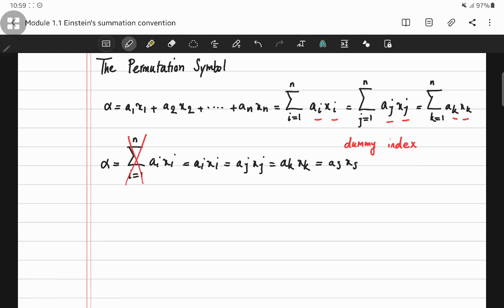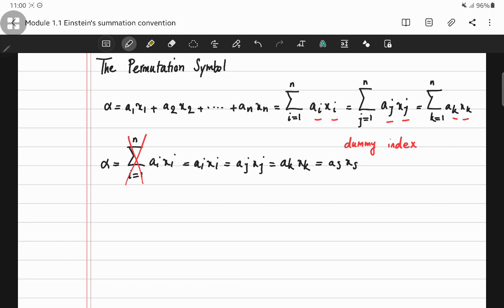And this kind of shorthand of writing is first attributed to Einstein, and Einstein developed this during his work on quantum mechanics, because there were so many long expressions that he had to turn into shorter ones.